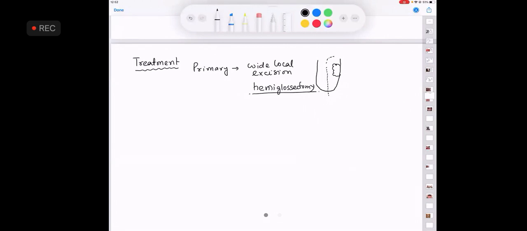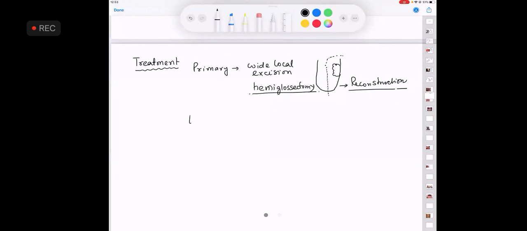Oral cancer was omitted by ENT, isn't it? Okay, very sad. Because this is something that should have been taught by ENT. Still, they will go for a hemiglossectomy with a clear margin. Now, this is the primary, and this is immediately followed by a reconstruction. What kind of reconstruction is not required for you to know, because this goes a little more advanced.